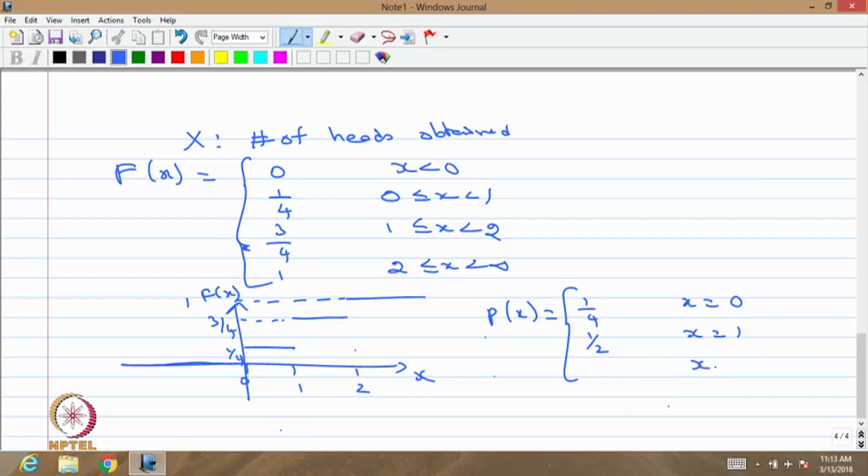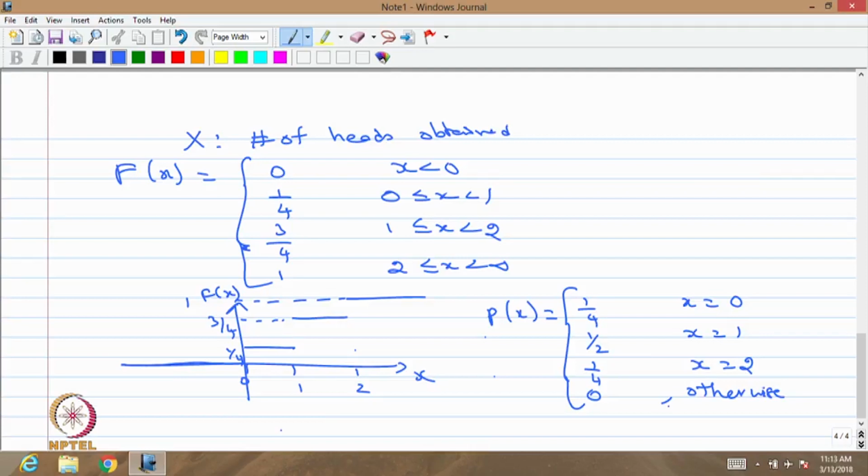At x equal to 2, it is 1 by 4. And all other points it is 0. So, I write otherwise.